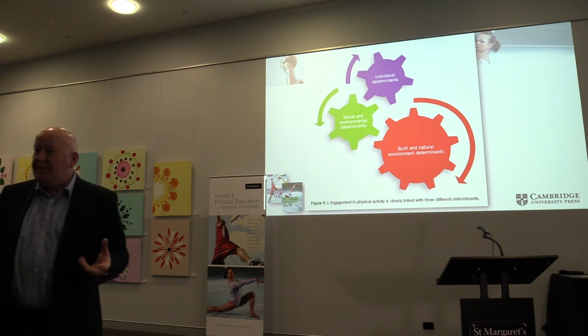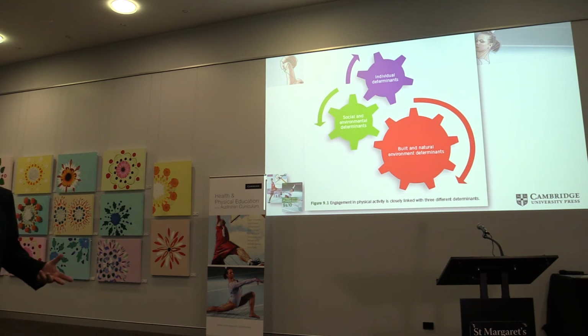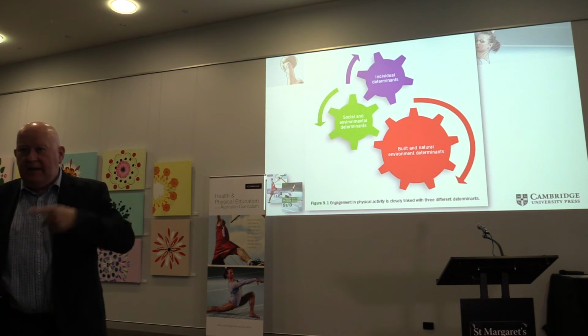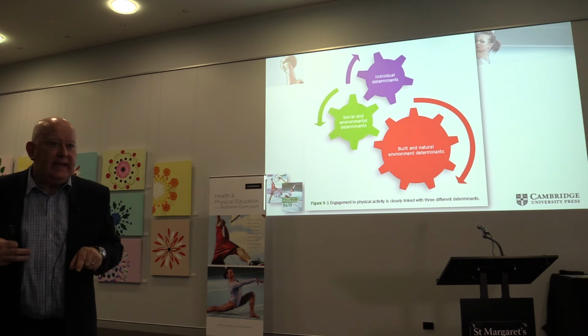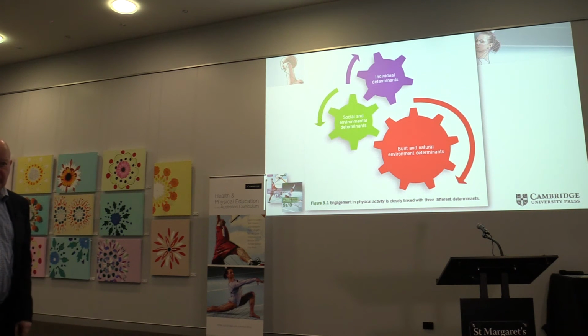So the built environment, particularly things like buildings, other structures in the community. The natural environment might be the parklands in our area in southeast Queensland, the bushland areas that surround Brisbane.